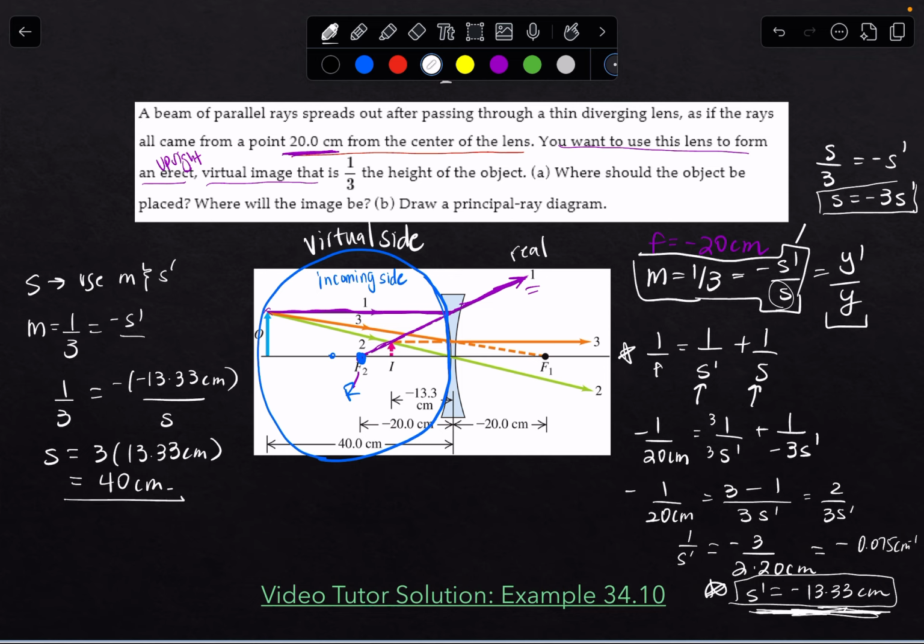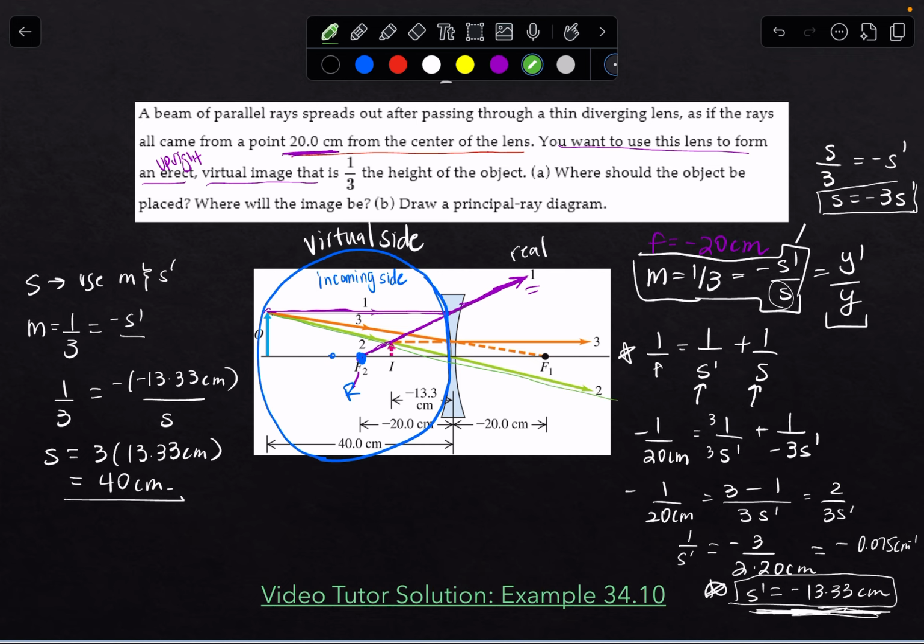Part B is to draw the principal ray diagram, and that's where this picture comes into play. This is the principal ray diagram. You draw the 3 principal rays. The first one is parallel to the optic axis. The second one, which is the green guy, goes from the top of the object straight through the center of the lens.